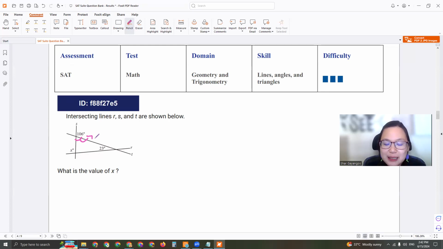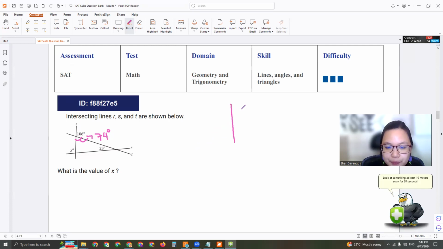They form a line, so meaning they add up to 180 degrees. So this one should be 70, correct? So let me just focus on the triangle that I'm referring to for a clearer picture. We have 23 here, we have 74, and then we have x.